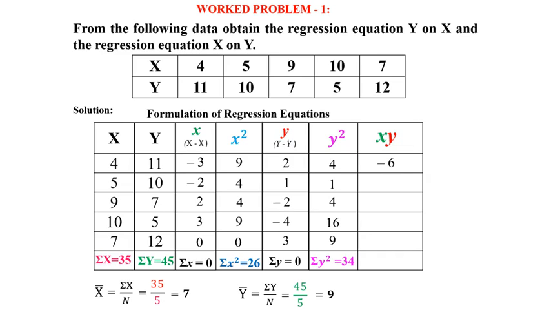Minus 3 into 2 is minus 6, minus 2 into 1 is minus 2, 2 into minus 2 is minus 4, 3 into minus 4 is minus 12, 0 into 3 is 0. Total of these values we get minus value itself, total also minus 24. Minus 6 plus minus 2 plus minus 4 plus minus 12.